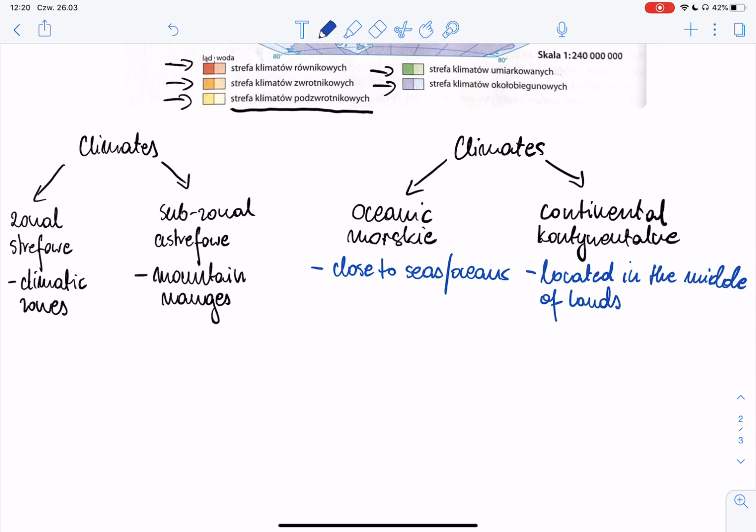And guys, the difference between them is the oceanic climates are mild, damp, which means quite a lot of precipitation, quite a lot of rain, damp summers and winters, and also very low amplitudes of temperature.